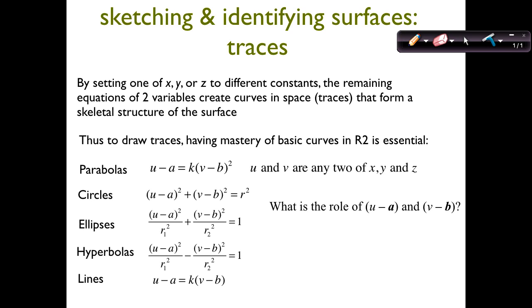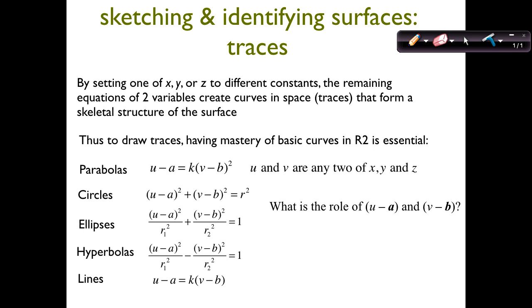Central from where? Where did what used to be central? Origin, right? 0. So then this a is like translating, right? So it's like moving it. It's translating it a positive units of that or a negative units of that? Positive, right? Because with u minus a, all your u values have to be a bigger to get to be what you were before.